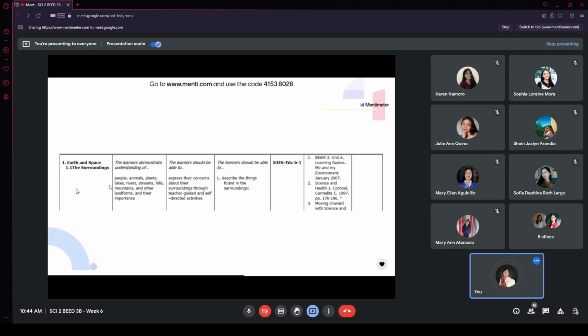So things found in the surroundings, right? So you have your people, animals, plants, lakes, rivers, streams. But when we go to grade 5 and grade 6, probably we can have a separate lecture. But for now, again, quite easy. No need for a separate lecture unless there's some need for clarification.